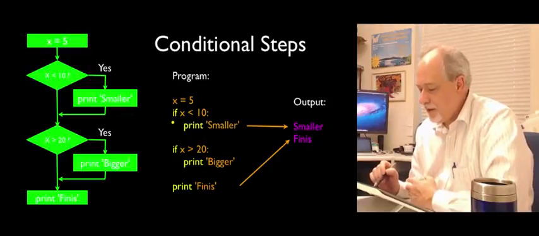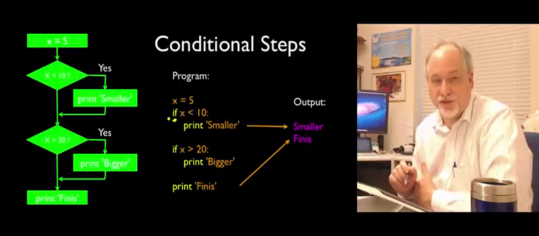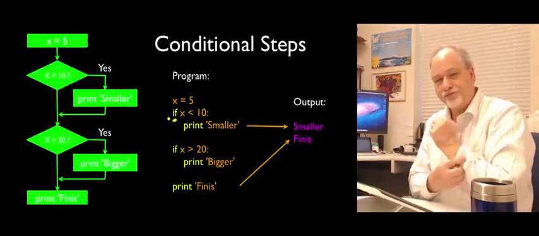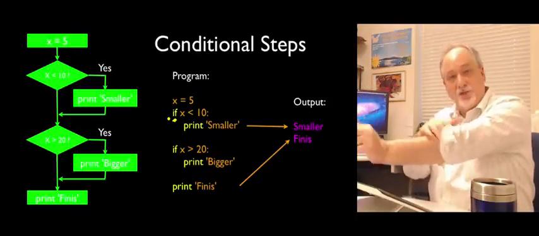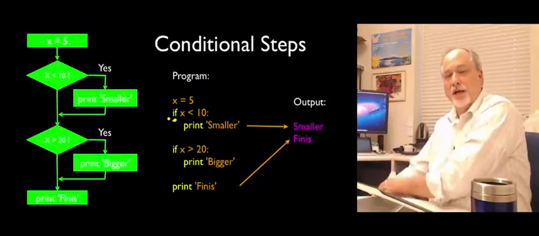Well, there is an if, which is a special reserved word. It's one of those things that you can't name a variable if. And it is our indication to Python that the next statement that we're going to do may or may not be executed.